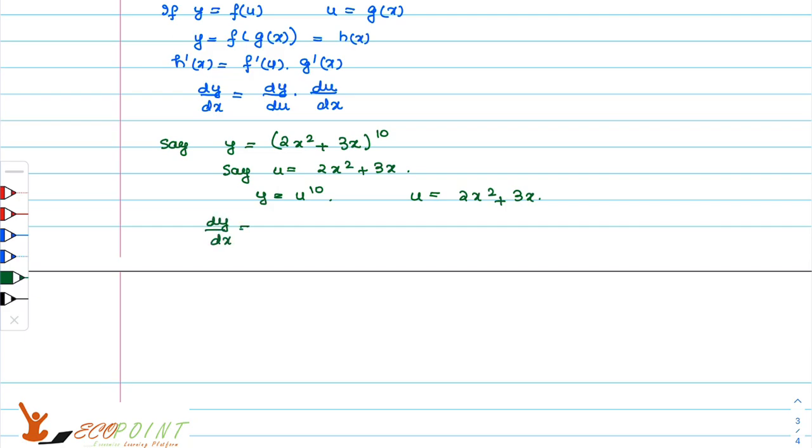So dy by dx is dy by du into du by dx. So dy by du is 10 into u to the power 9. And derivative of u with respect to x is 4x plus 3.